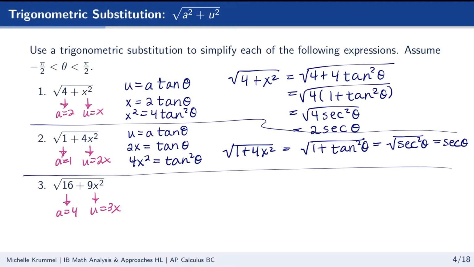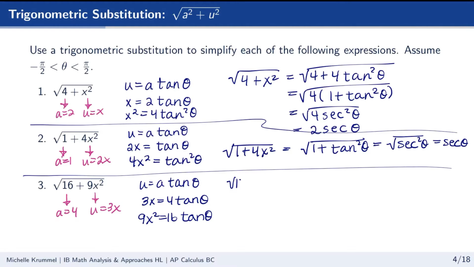Okay, and then the last one. Again, it's u equals a tan theta. That's the substitution we're going to make. So 3x equals 4 tan theta. Square both sides. 9x squared equals 16 tan squared theta.